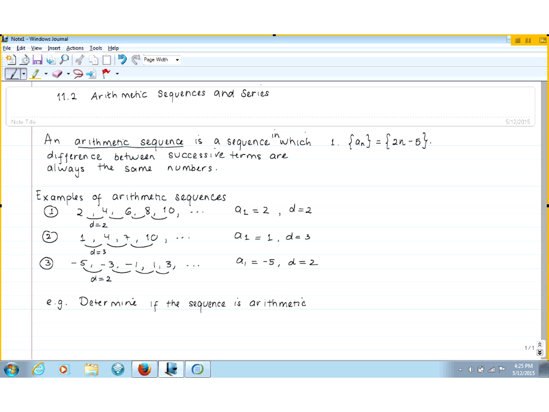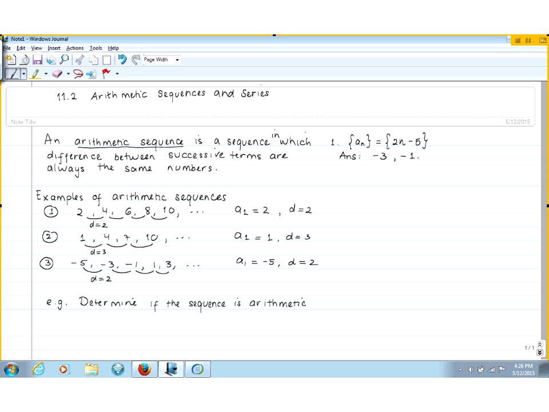So what do we do? In this case, we will calculate a few terms. When n is 1, it will be 2 times 1 minus 5. So it's -3. This is A1.